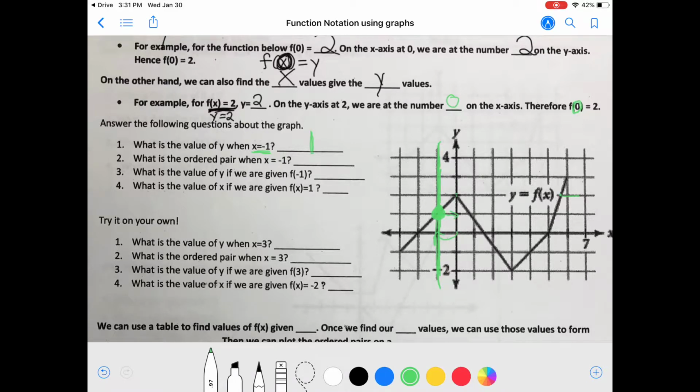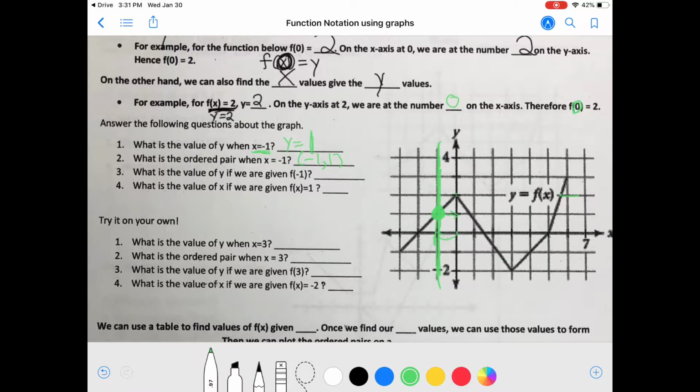Now, what is the ordered pair when x is -1? Well, I already know what my x value is. I just found what my y value is. So I'm going to put them together. So negative 1, 1. For number 3, I'm asked what is the value of y if given f of negative 1.